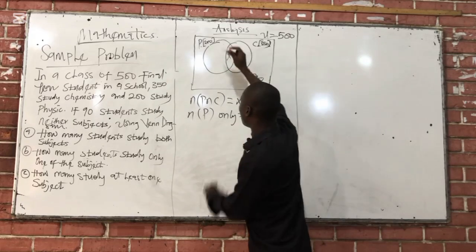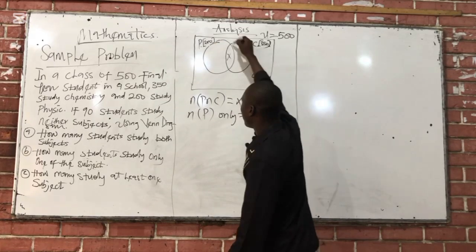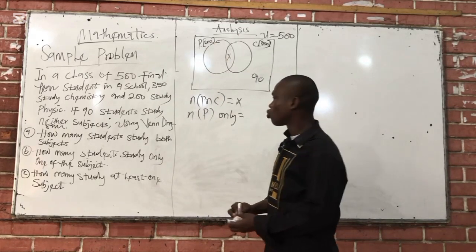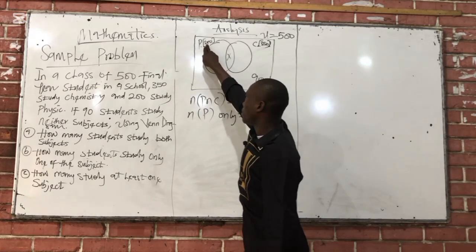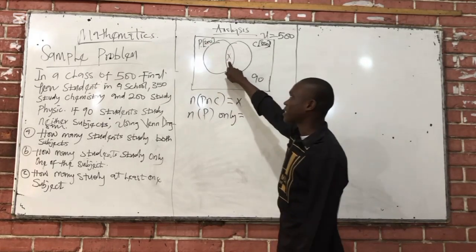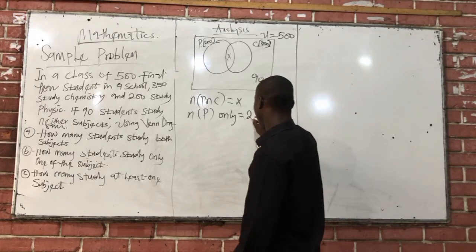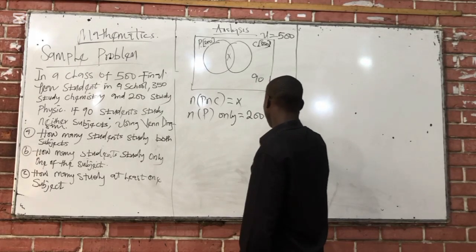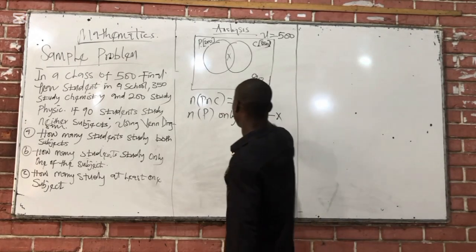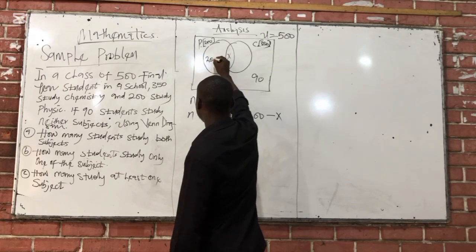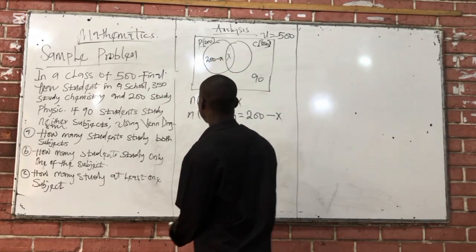Now we are going to look for the number of students that studied physics only. It will be the number of students that studied physics minus the intersection of both physics and chemistry. So it will be 200 minus X. So here will be 200 minus X.